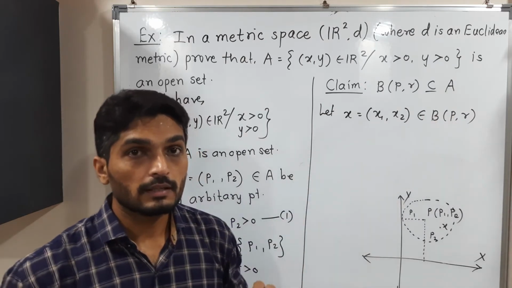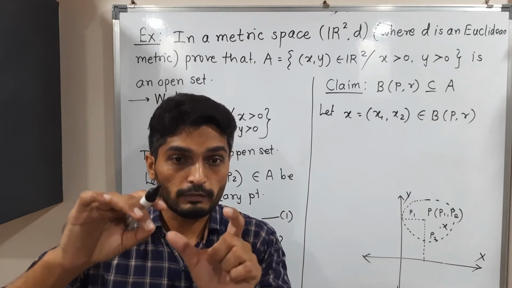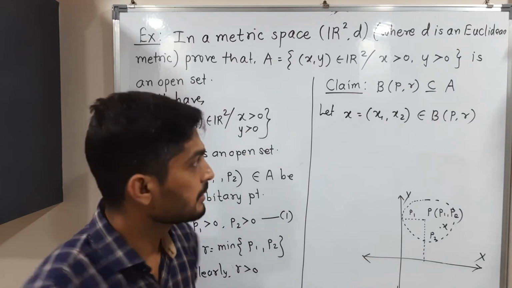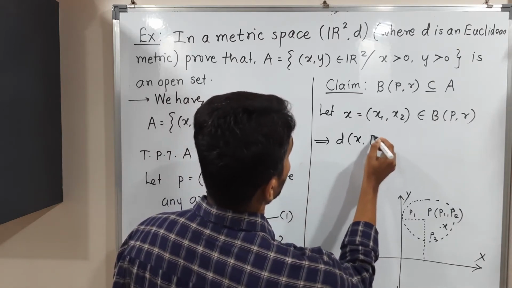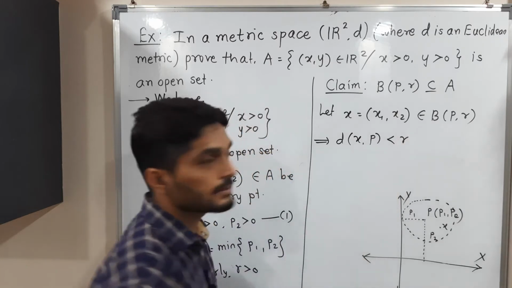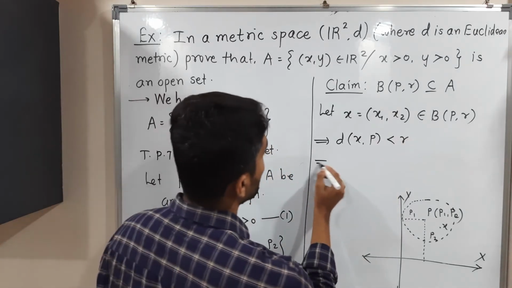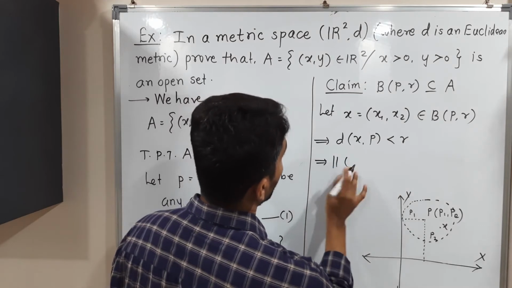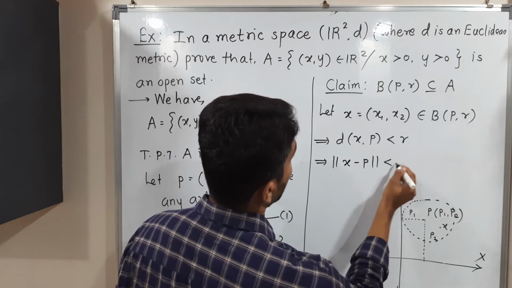That means if any point lies inside a ball, the distance of that point from the center is less than R. So the distance of x from P is less than its radius, right? But this is a Euclidean distance, so we write it in terms of the norm: norm of x minus P is less than R.